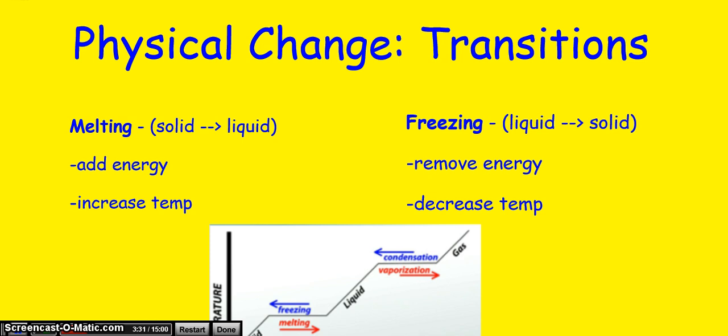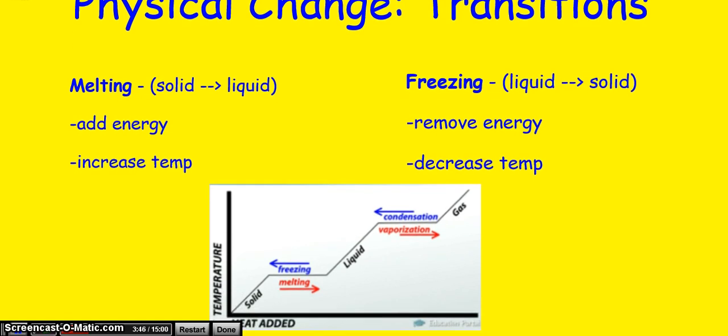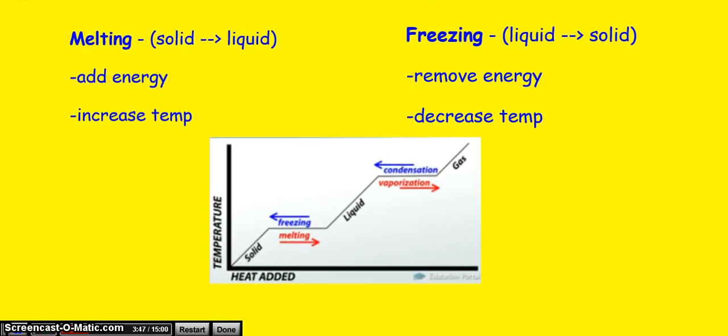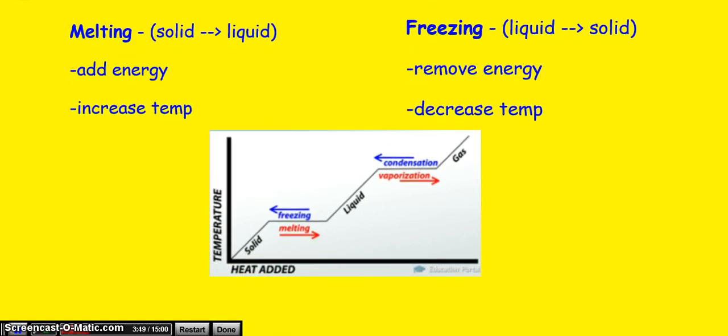So we give special names to these different transitions to classify what state change is occurring. And one of the things you'll be assessed on is your ability to recognize that in a graphical representation of changes in temperature while heat is being added or removed. So our first transition is really the same transition, it just depends on where you're going.